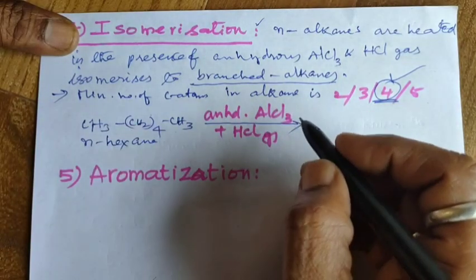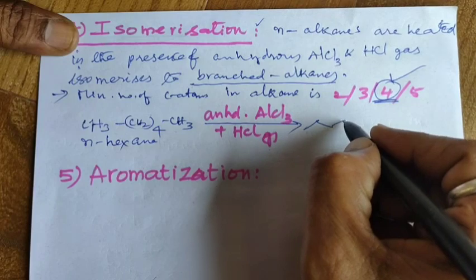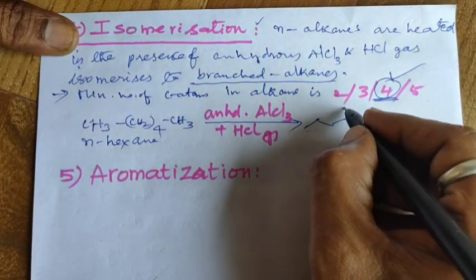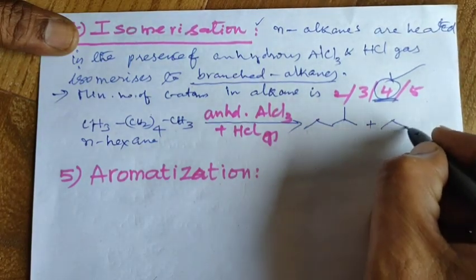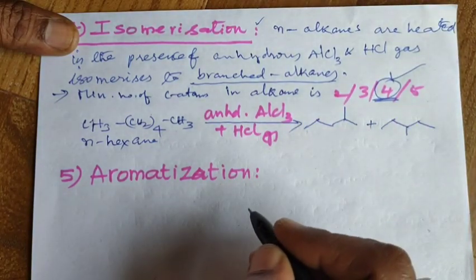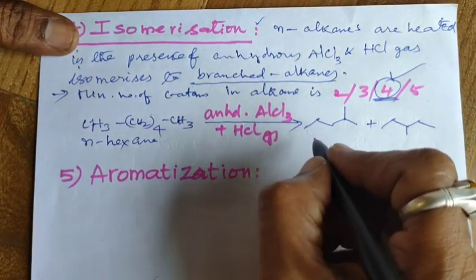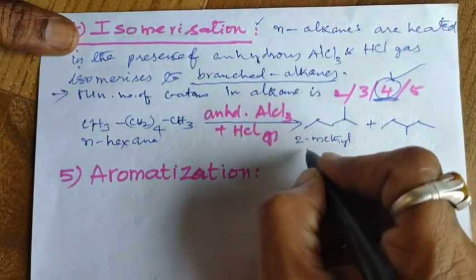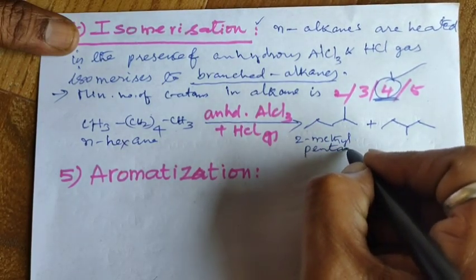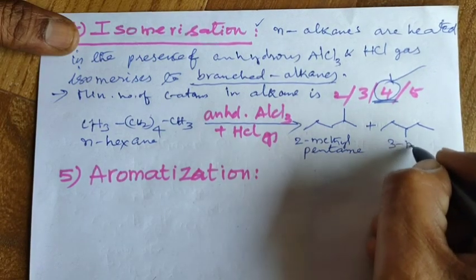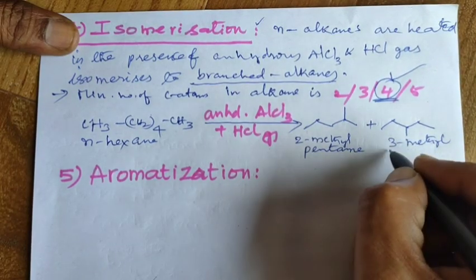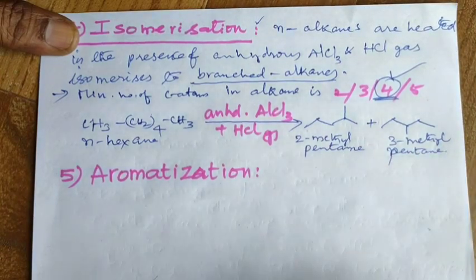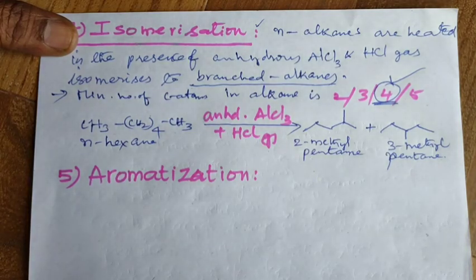Yes, this you can write different structures. 6 carbon chain is reduced to 5 carbon chain and 1 methyl group, or some other combinations is possible, and this is 2-methylpentane and it is 3-methylpentane, having same molecular formula as n-hexane. I hope you followed this one.